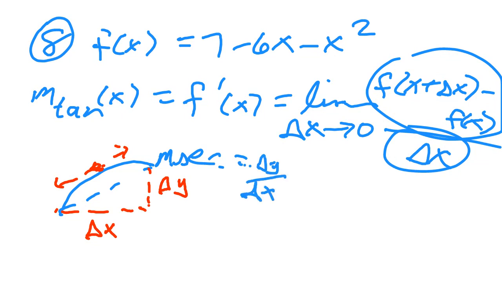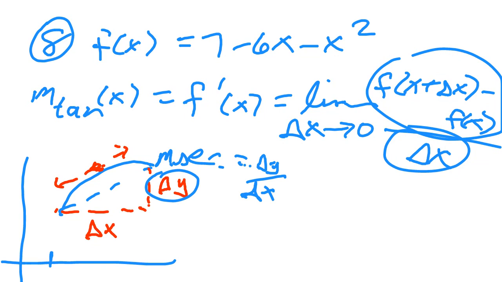And so the change in the height, when we have our graph here, these are the 2 points right here. If this is x, and I'm delta x to the right, this is x plus delta x. And so this is f of x.